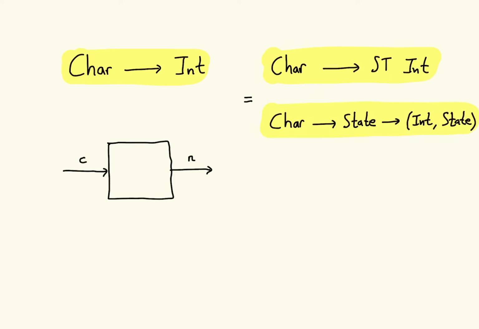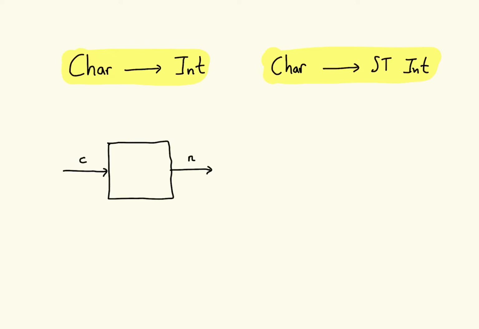So we see we also have some internal state which we're manipulating. So it's not just a pure function that's taking a character and giving you an integer. Internally, inside the st construct, we're also manipulating some kind of internal state, which is, as we'll see shortly, some kind of effect. So let's play the same game now and draw a picture of these things and see what the difference is.